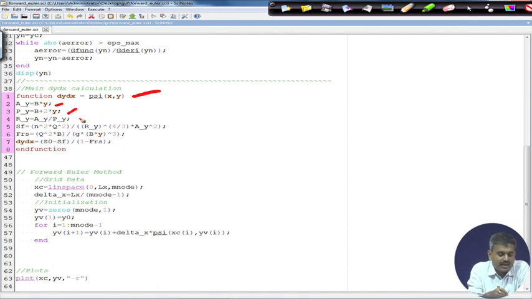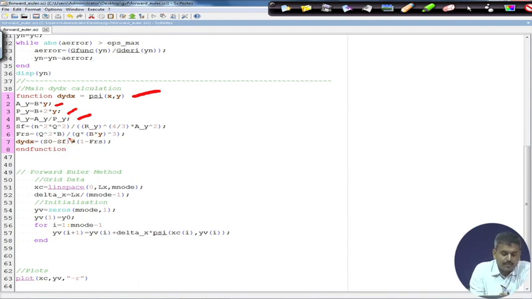So, R is A by P, and SF is calculated like this, with the expression already in the slides, n square Q square by R to the power 4 by 3 A square, and FRS, which is Froude number square.